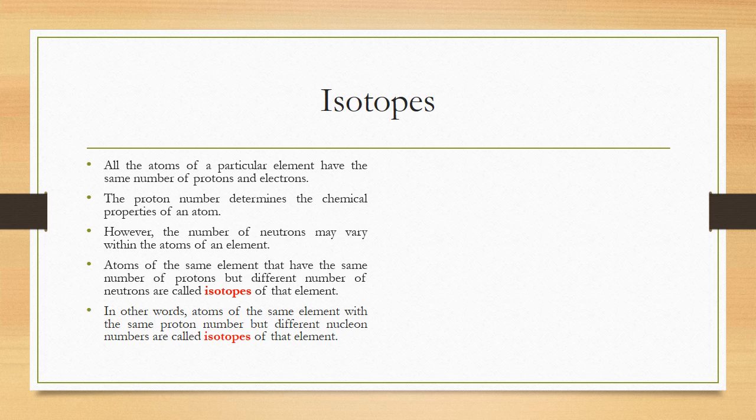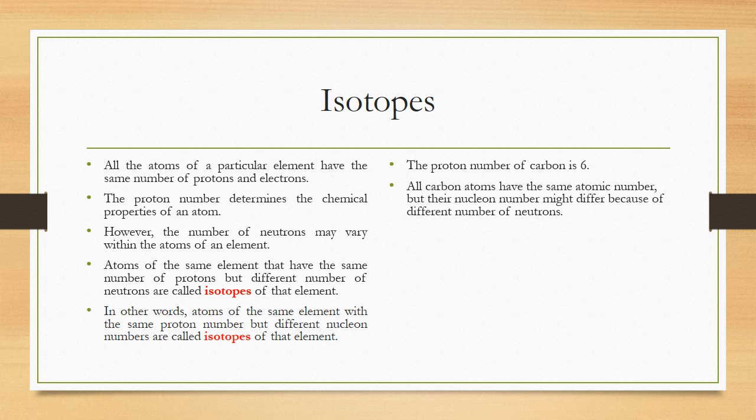So in other words, atoms of the same element with the same proton number can have different nucleon numbers or different mass numbers, and we call them isotopes of that element. So let's look at carbon. The proton number of carbon is 6, so every atom of carbon contains 6 protons. All carbon atoms have the same atomic number, but their nucleon number, their mass number, can be different.